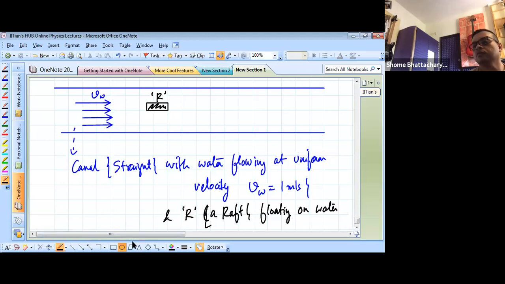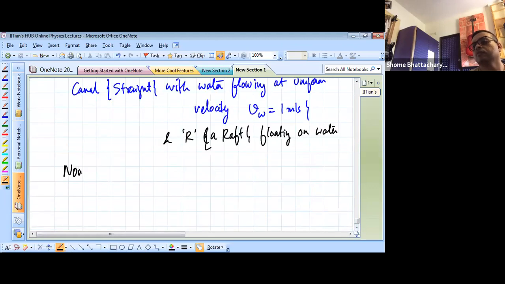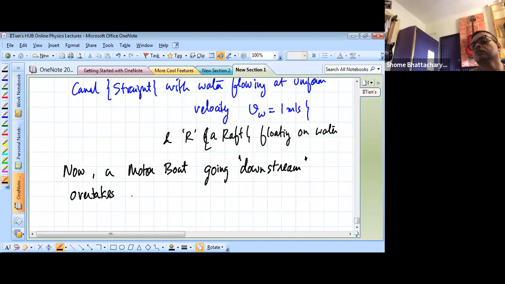Now, we also have M. Now a motorboat, okay, going downstream overtakes the raft.